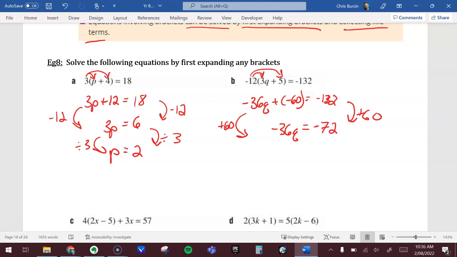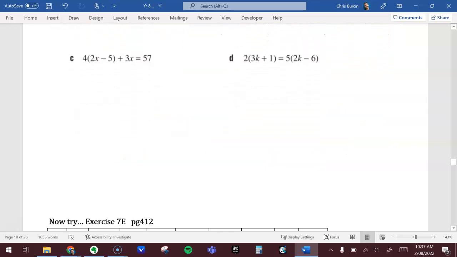So if I divide that by negative 36, the number that's there, and divide this by negative 36, then that is going to leave me with a positive number. Positive q equals, that is 2, isn't it? Yes, q equals 2. You would divide by negative 36 because that's what the number is before the pronumeral.